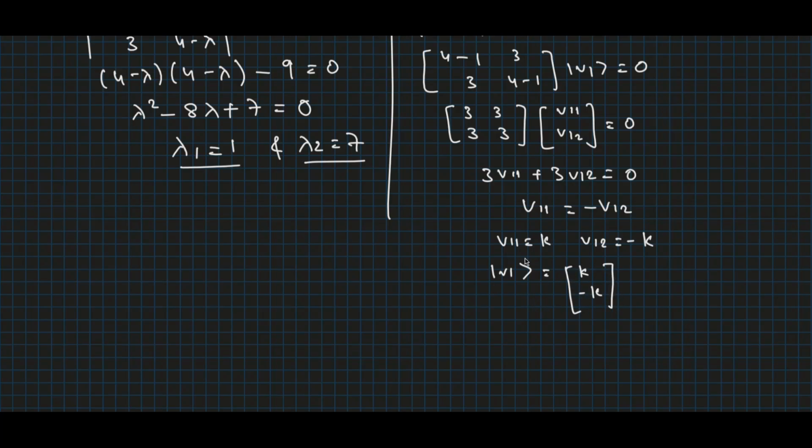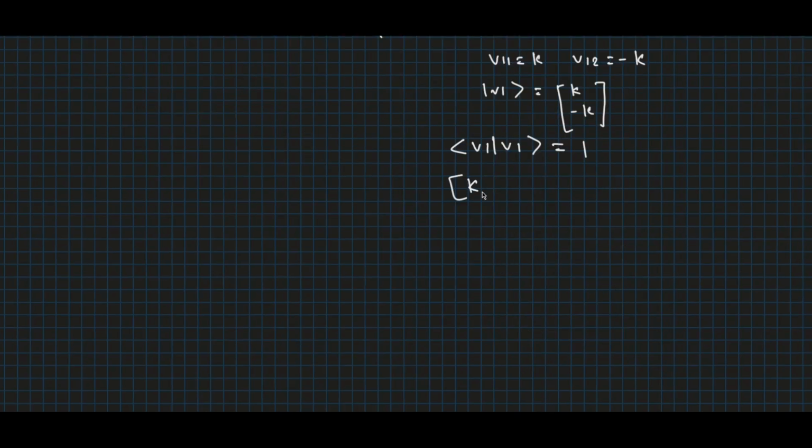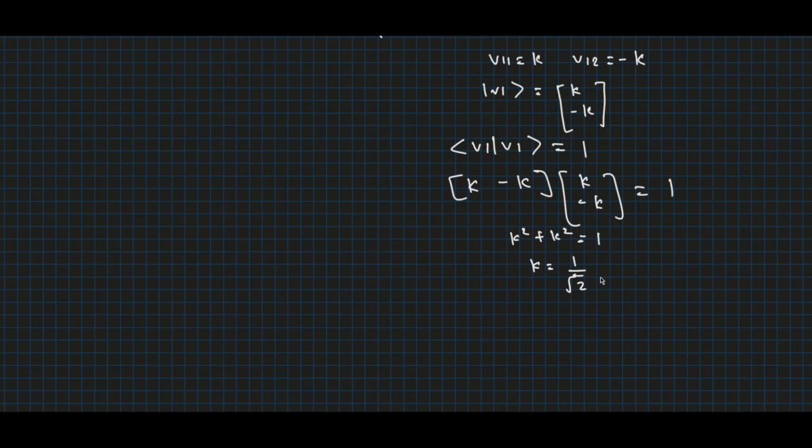Now let's normalize this vector v1 such that the normalization condition is given by the inner product of v1 with itself equal to 1. Therefore we have the row matrix [k, minus k] times the column matrix [k, minus k] is equal to 1, which will give us k squared plus k squared equal to 1, which implies k will be equal to 1 by root 2.